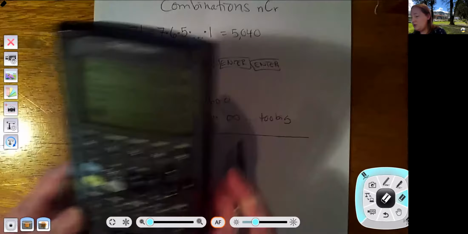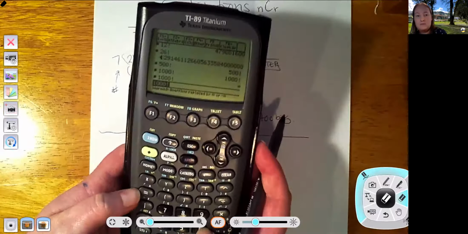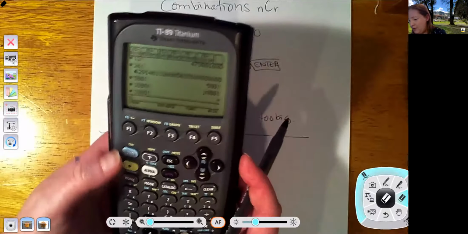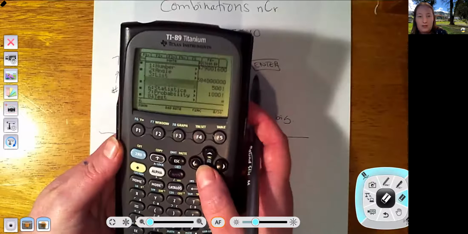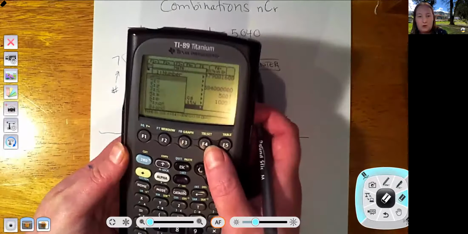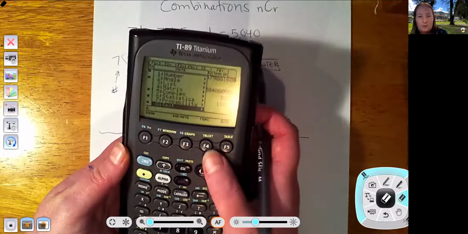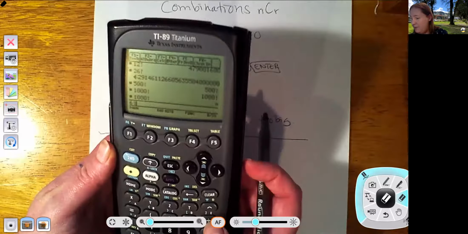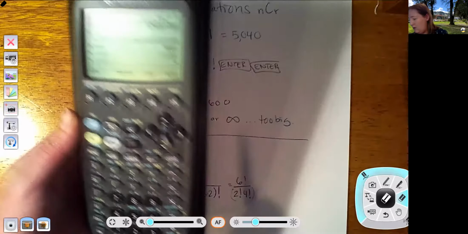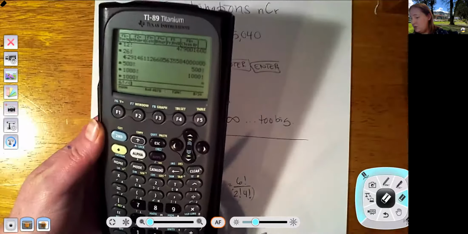So to do that, just so we can practice, 6, go to math, so second 5, go down to probability, option 1, then divide by the quantity, or both of these need to be in the denominator, so 2 factorial.